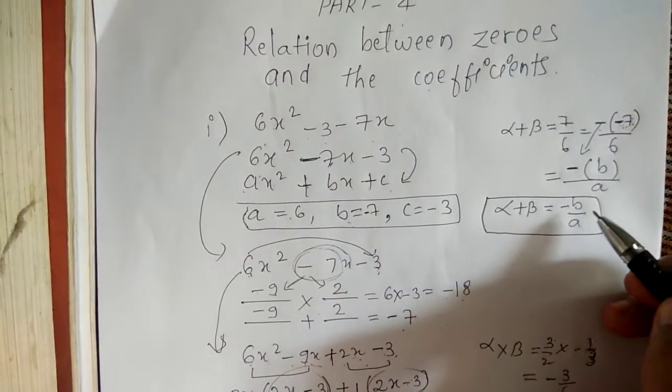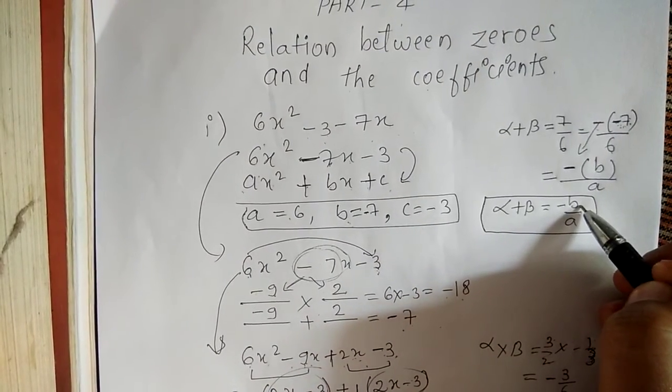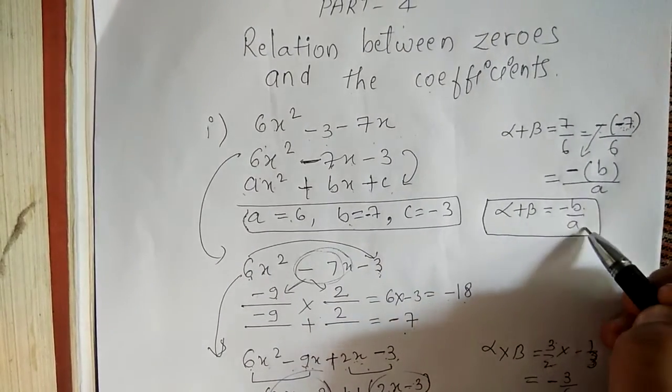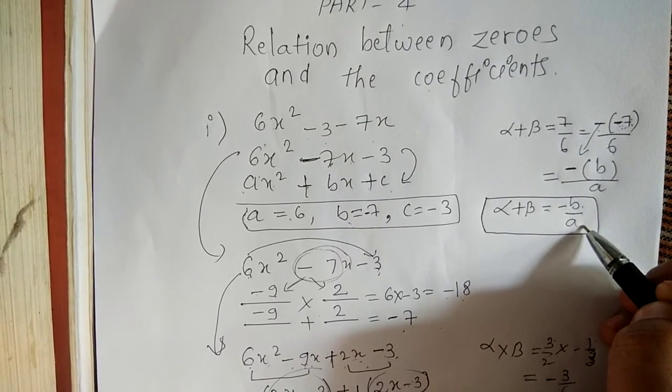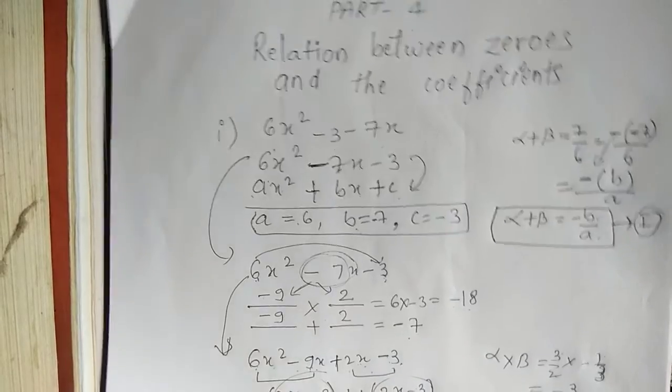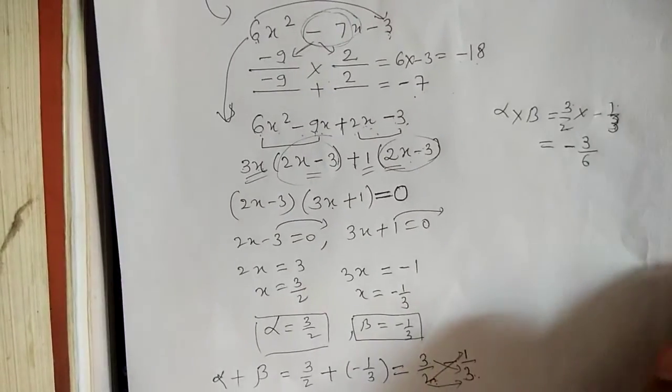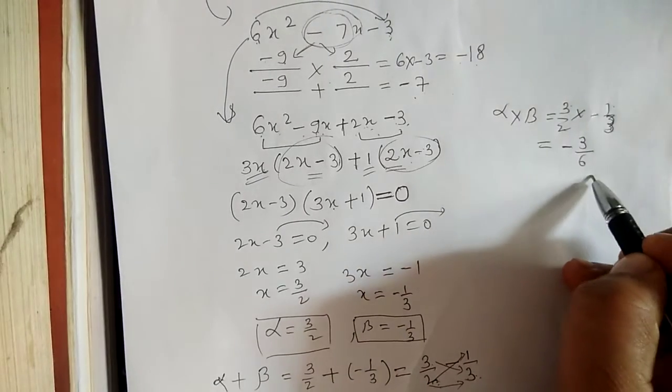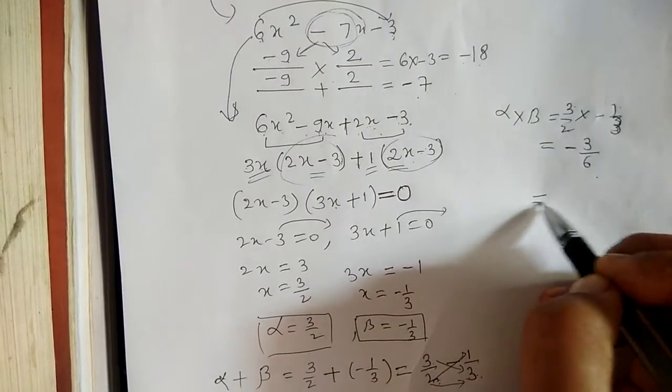What is B? B is the coefficient of x. And what is A? Coefficient of x square. So this is the first relation we got. Now alpha into beta. What is alpha into beta? We got minus 3 by 6. What is minus 3?